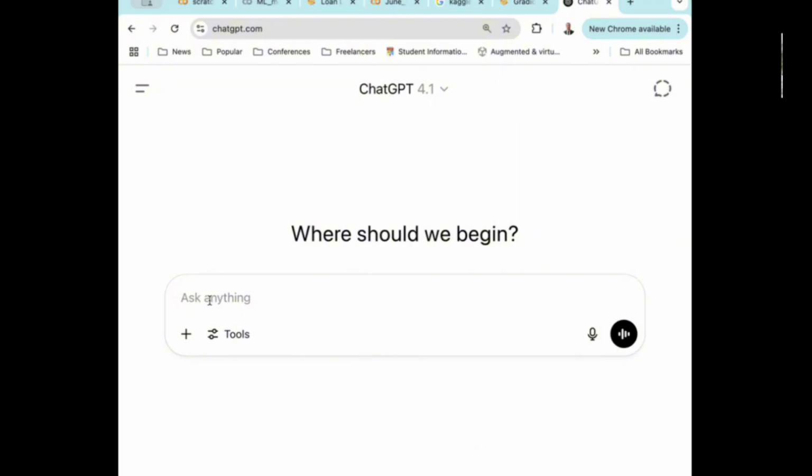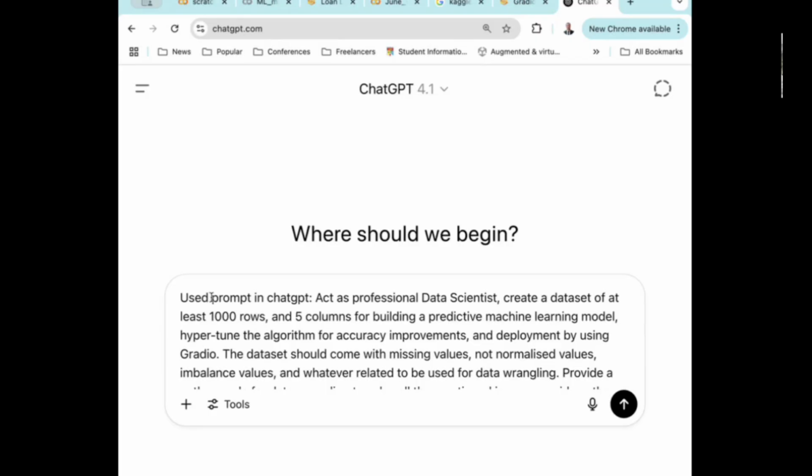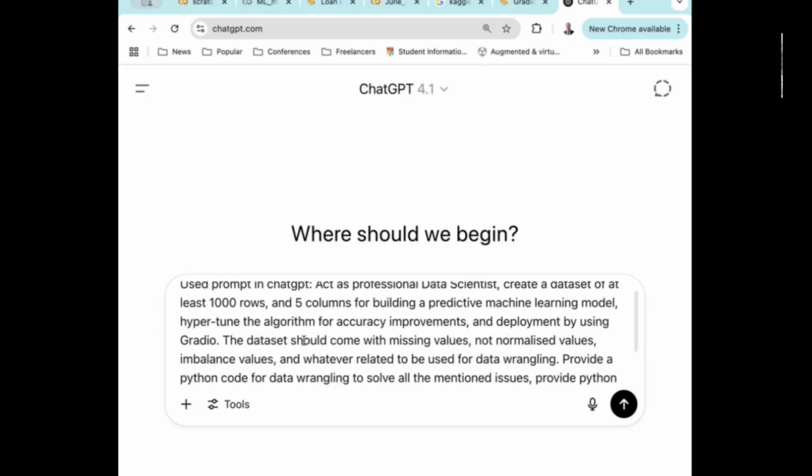I'm not here to promote ChatGPT as long as I'm not sponsored. I wish I'm sponsored by ChatGPT, then I would promote it. But I'm paying for ChatGPT because I use it a lot. So I think it's worth paying for it. If it's worth paying for those tools, then you pay for it. If not, then you just use the free version till you become that heavy user, then you pay for it.